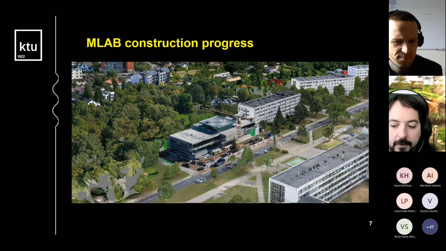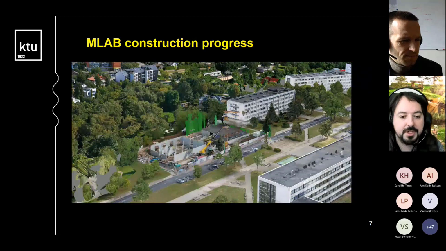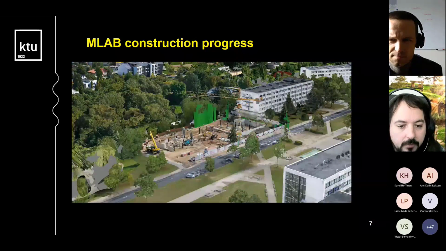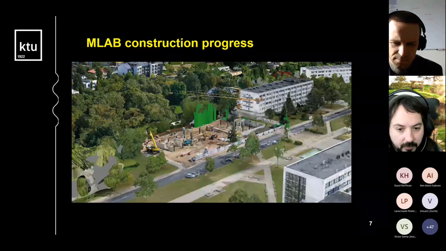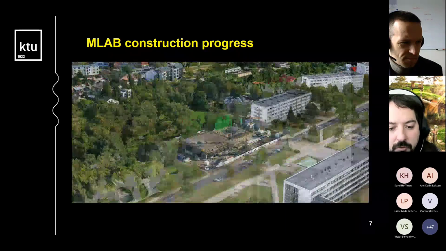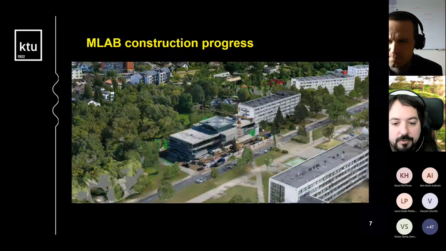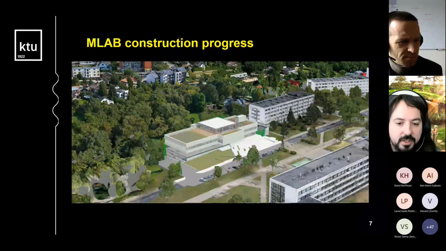These models gave us a view of the progression of the construction over time, and we can compare it to the project that we approved before the construction began. So these are the cases where we use OpenCity Planner.